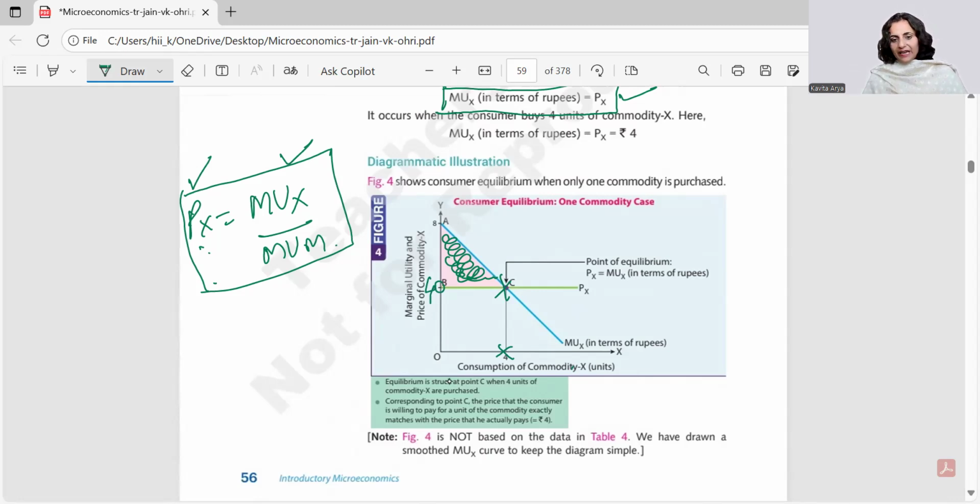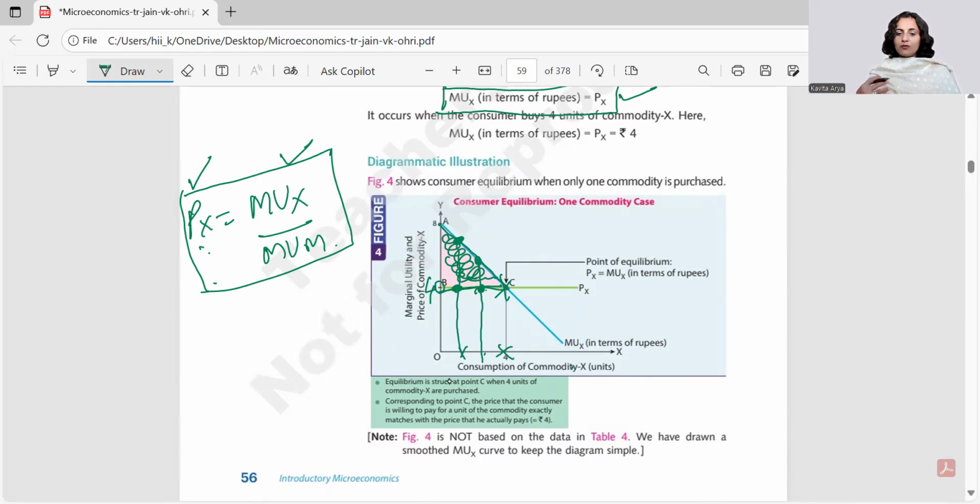So here, if you take any point of reference, say 1 unit, he is willing to pay this much, but he is actually paying less. So this is a surplus for him. This triangle is the consumer surplus because he can pay more, but he is paying less. He is getting the satisfaction of more worth of rupees, but he is giving less amount of money. So this triangle is called consumer surplus.